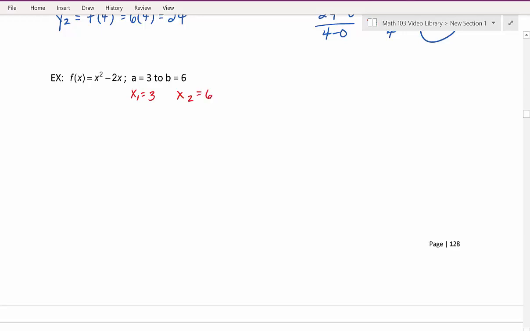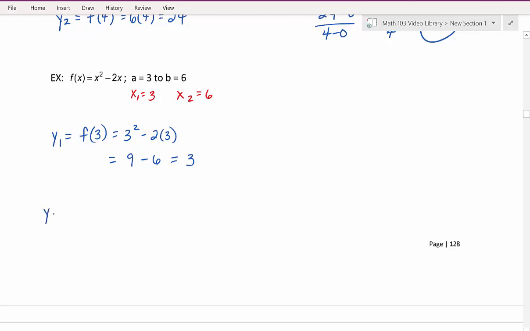Now we need to find the corresponding y values. We'll do that by plugging the x values into our function. So for y1, we're looking for f of 3. 3 squared minus 2 times 3. It's going to be 9 minus 6, which gives us 3.